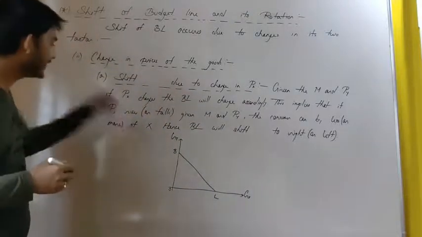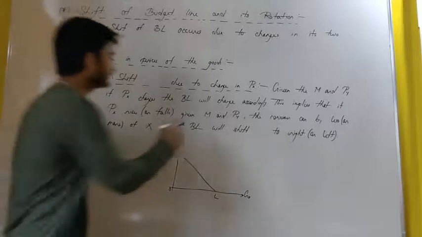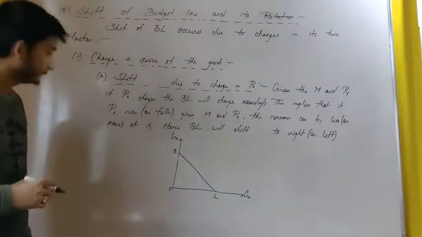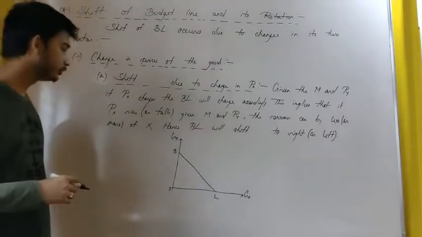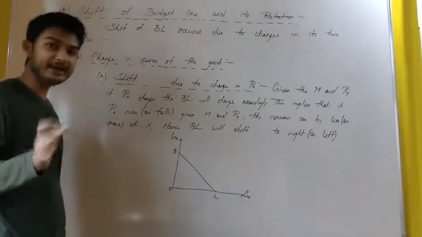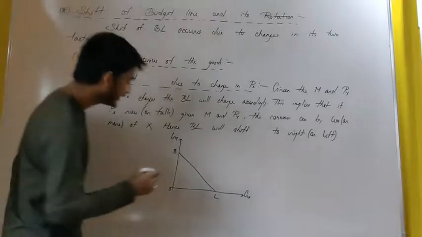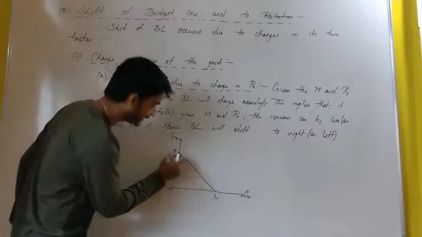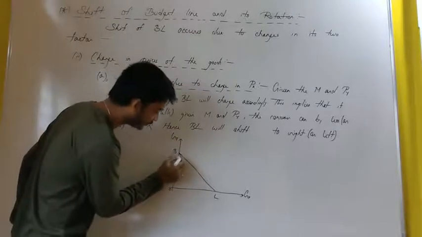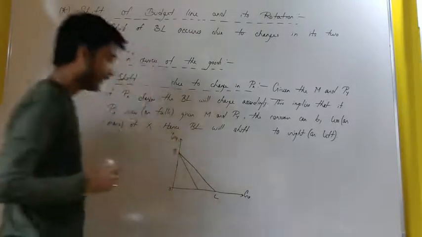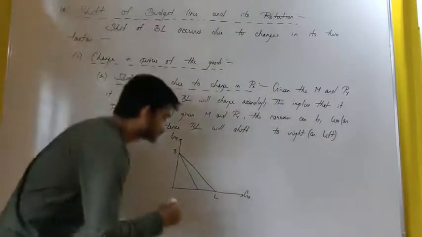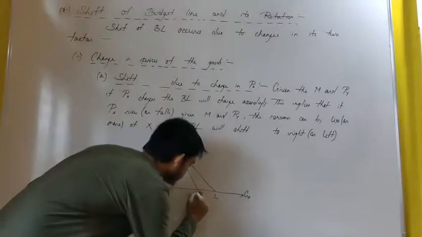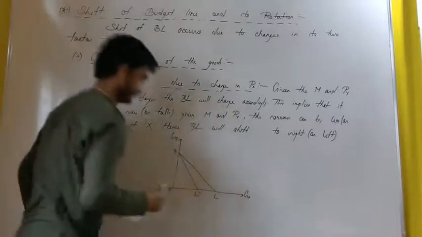Now if PX rises, given the income of the consumer and the price of good Y, the consumer can buy less of good X, and there is no change in the price of good Y. So he will buy less of good X. So the budget line will shift leftwards, say suppose BL dash.